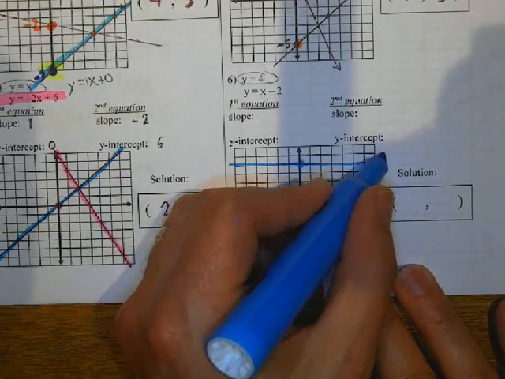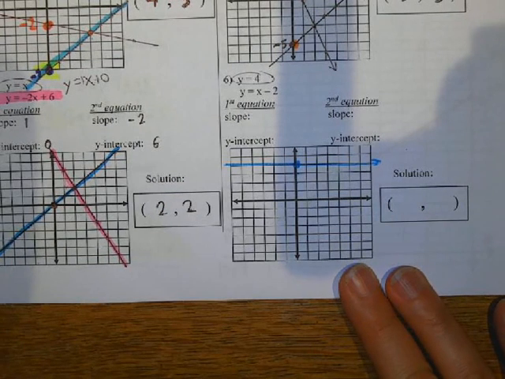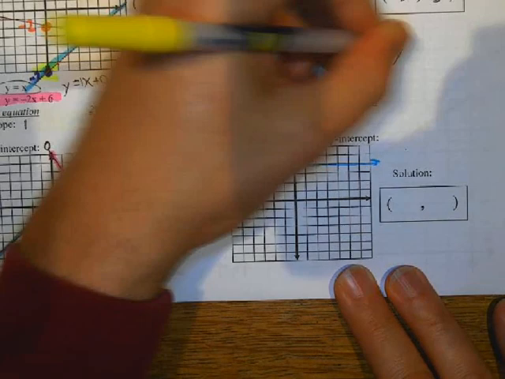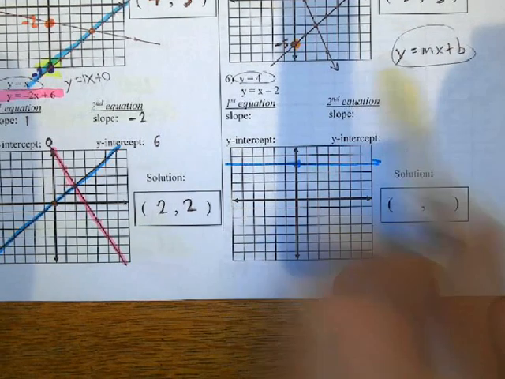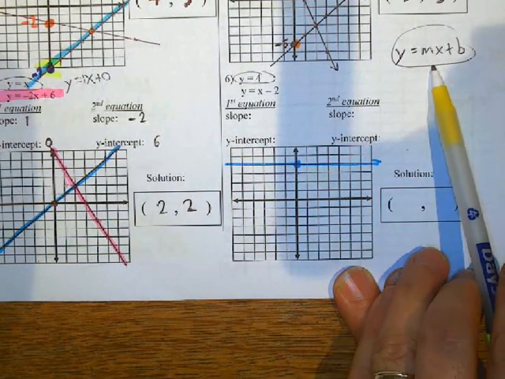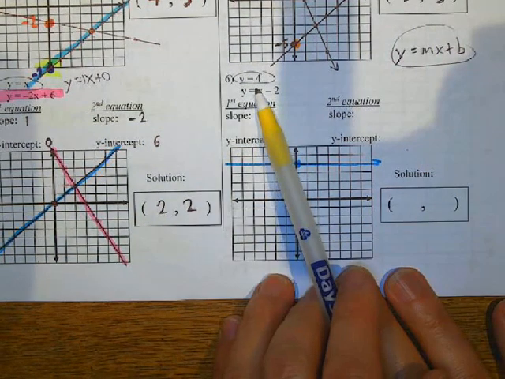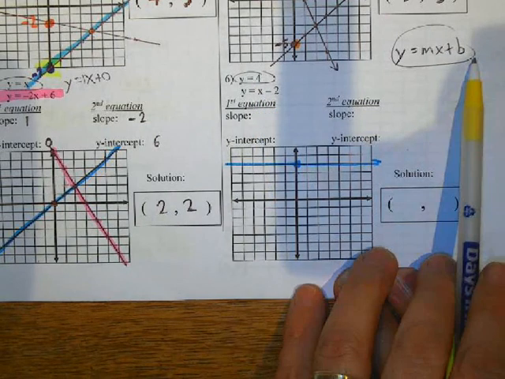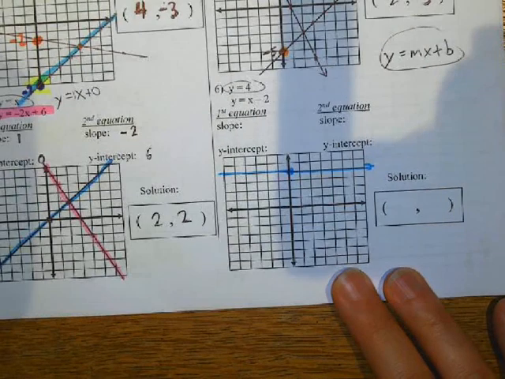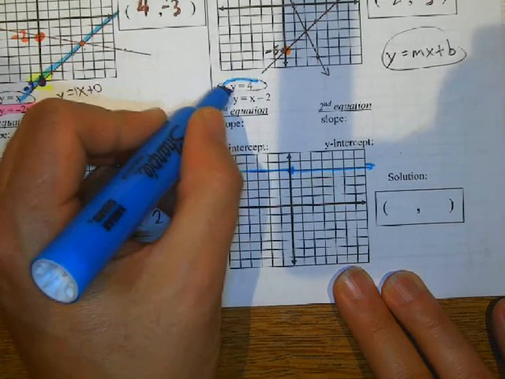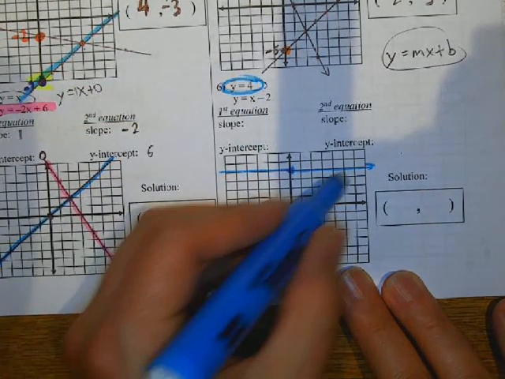Because if we think about y equals mx plus b, m is our slope, right? Well, there is no slope. There's nothing with an x. So we've just simply got our y-intercept at b, and we've got our horizontal line at 4. So y equals 4 gives us this line here.